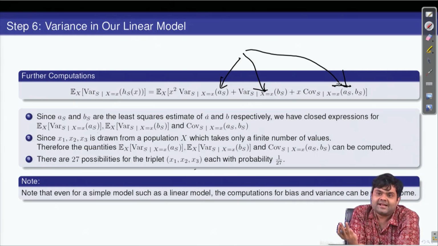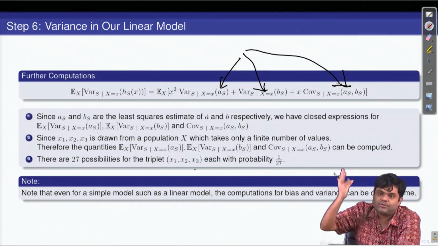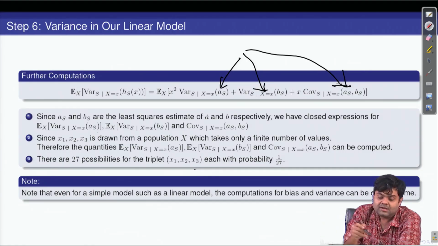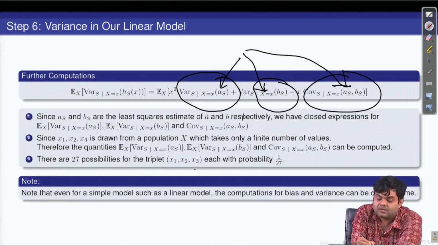Now, x's can take exactly 3 values. The sample is a triplet of numbers. When you are taking a sample by keeping x fixed, what happens is that these variances come out to be functions of x's only.